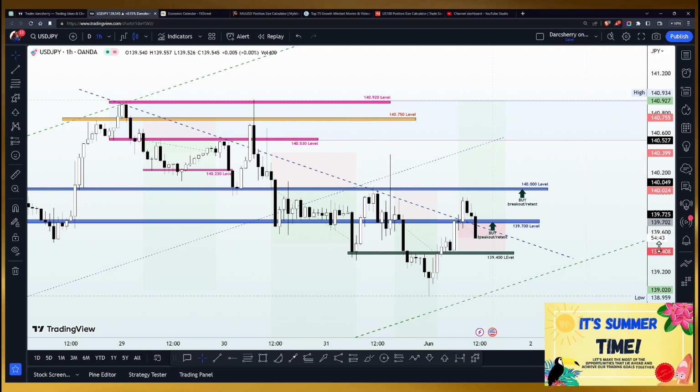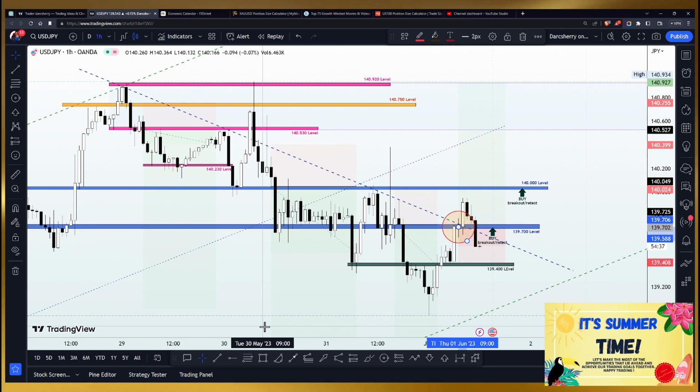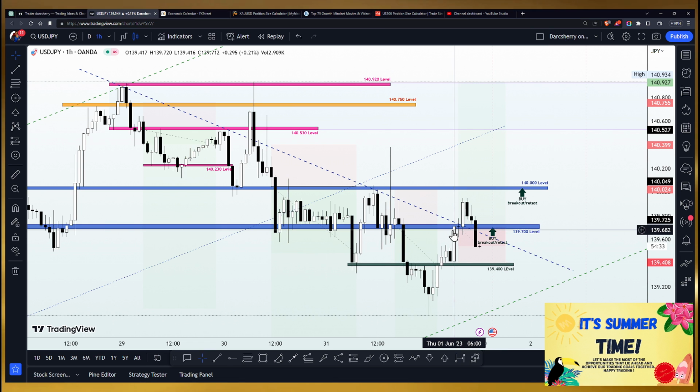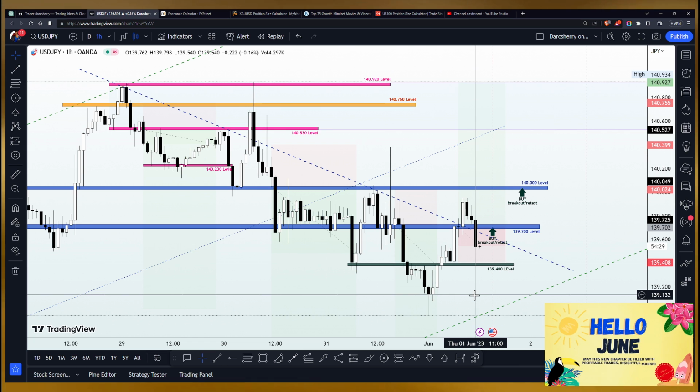And one thing I said this morning when I looked at the structure, considering the fact that price action was trading along that trend line, I decided to place a buy stop above that structure, with the intention that if price breaks out of that trend line, it might be a sign that the trend line may no longer have the capacity to negate any bullish attempt from the structure.